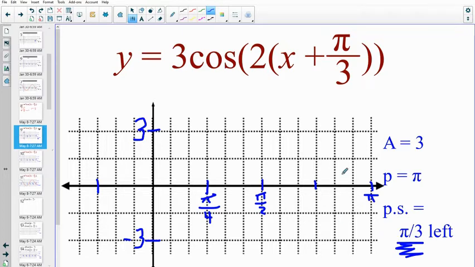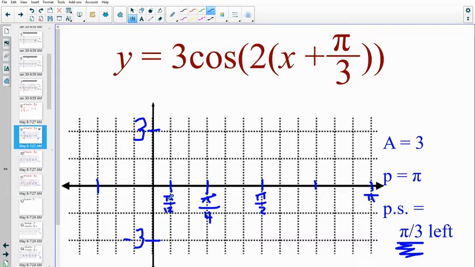I'm going to go down on a smaller level and say that if this is pi over 4, then each one of these vertical grids that I've got here is 1/3 of pi over 4. Each one of these is pi over 12. And so now the question is, how many pi's over 12 do I need to make a pi over 3?